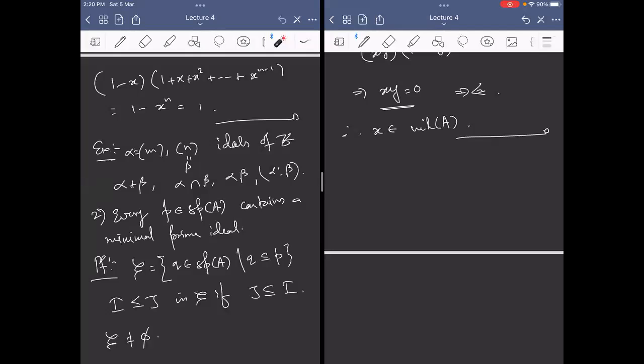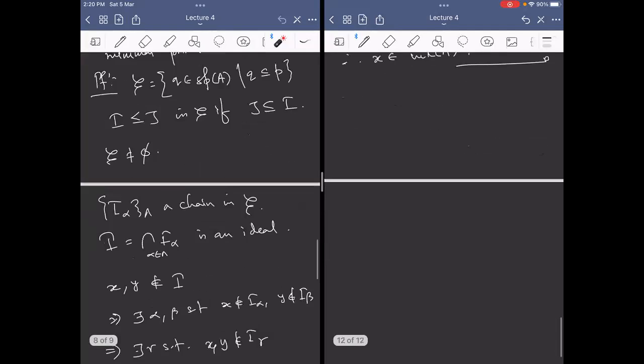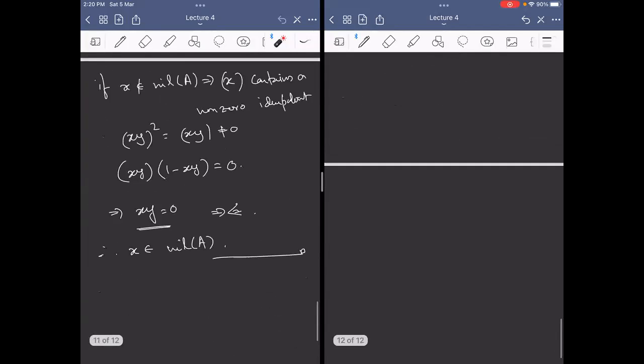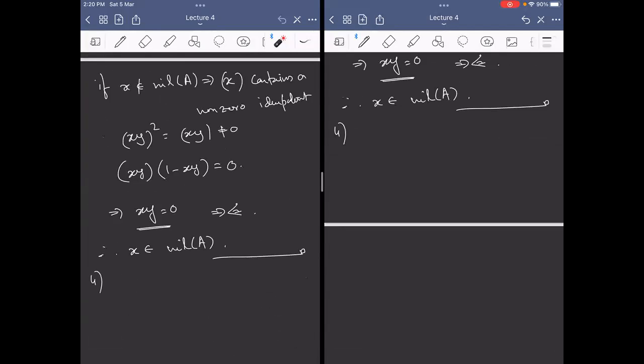Now we are going to discuss a similar kind of problem. That was problem 3, and the next one is problem 4. Suppose A is a ring, and for all x in A, you have x to the power n equals x for some n. So this n is not fixed for all x.